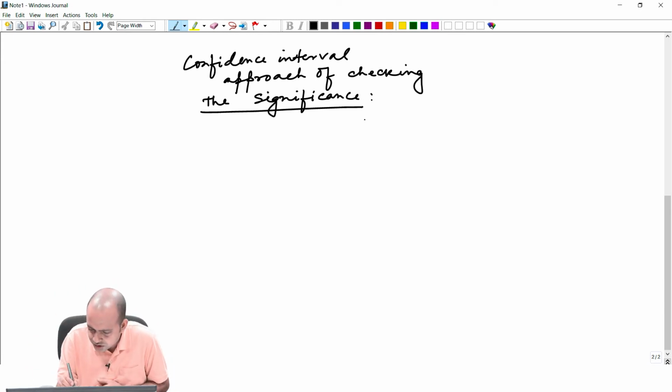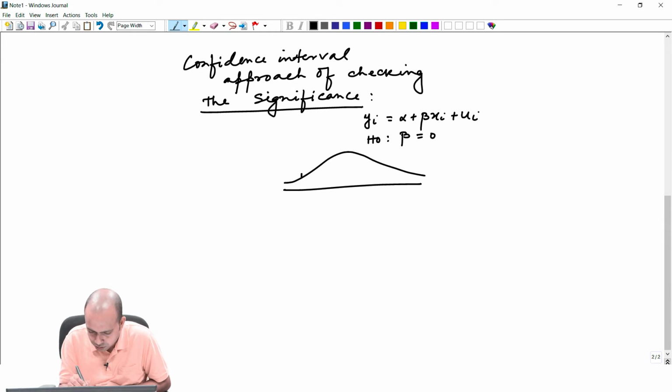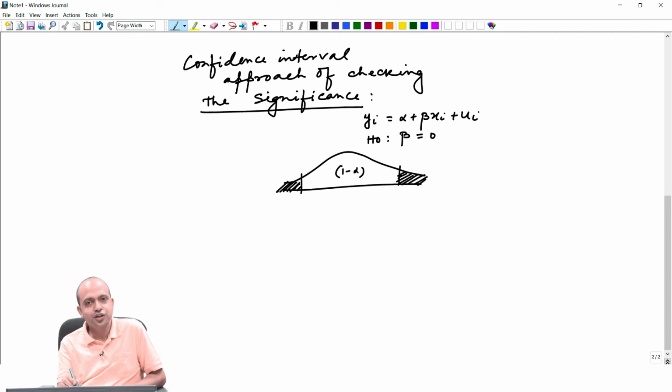Now, what I said, when you are estimating this type of model y i equals alpha plus beta x i plus u i, and your null hypothesis is beta equals 0, that means the hypothesized value of the true population parameter is 0, then in the interval approach what you have to do is check this 1 minus alpha region.